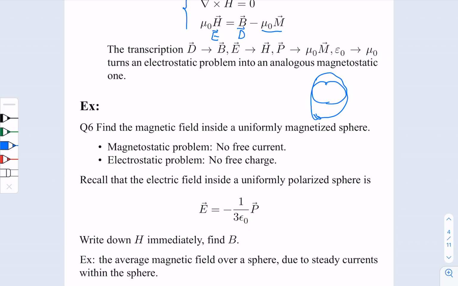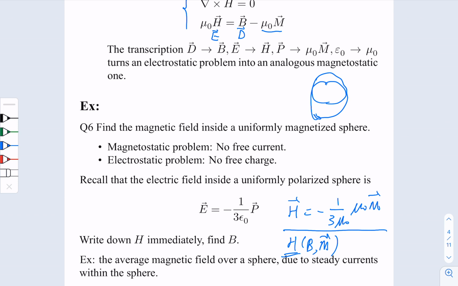So we immediately see that this H must be minus 1/3 M, because epsilon naught is changed to mu naught, and the P changed to mu naught M. And then this is the relationship between H and M. And we also have the relationship between H, B, and M, right? Since we already know the H field, we simply use this equation over here and immediately write out the B field.